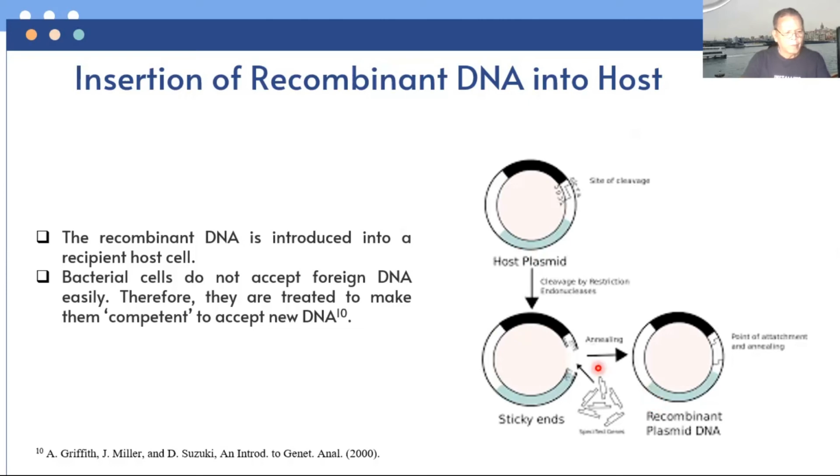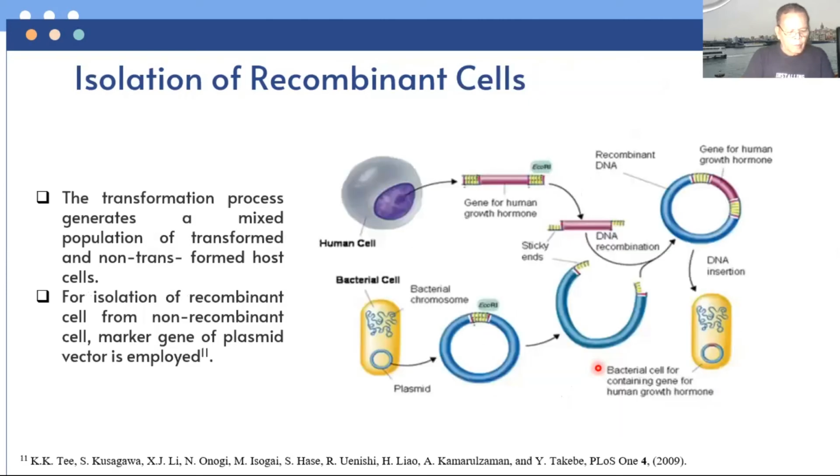Now let's move to isolation of recombinant cells. The transformation process generates a mixed population of transformed and non-transformed host cells. The selection process involves filtering the transformed host cells only. For isolation of recombinant cells from non-recombinant cells, a marker gene of the plasmid vector is employed.